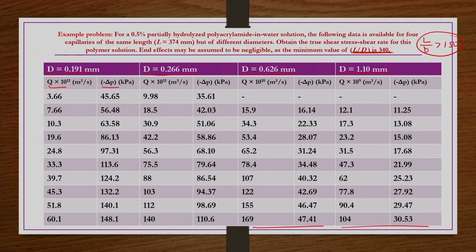Pressure drop is given in kilopascals, and volumetric flow rate is given in meter cube per second. Q is multiplied by 10 power something, 9, 10, 11, so whatever the values are, they should be multiplied by 10 power minus that 9, 10, 11 etc. Okay.